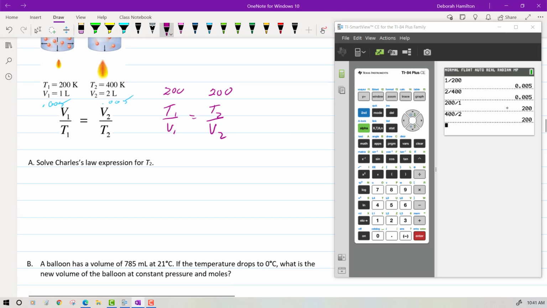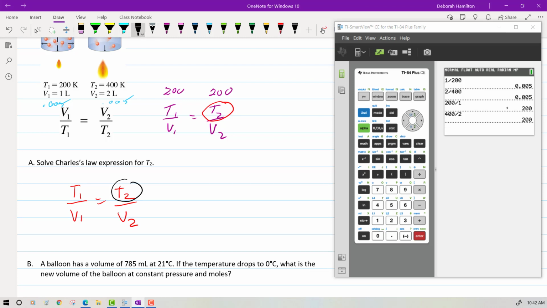So in this next question, it says solve Charles's law expression for T2. So let's take T2, we can see that up here. If we flip the equation, I'll rewrite the equation. We want to solve it for T2.